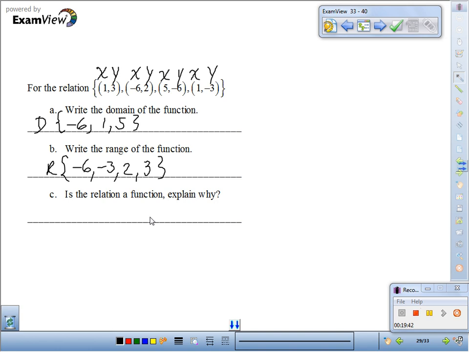Ethan, is this relation a function? Manuel, is this relation a function? Denise, is this relation a function?